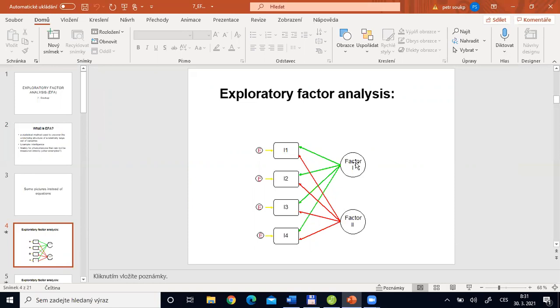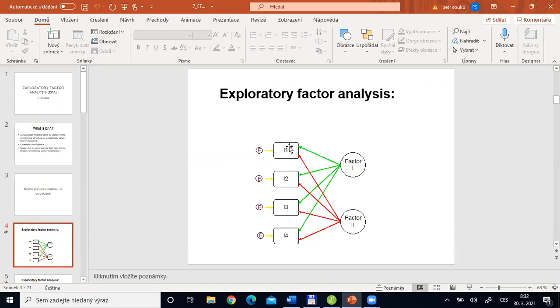Once again, this is the reason why we call this technique factor analysis. So factors are inside circles, and rectangles or squares are designed for observed variables. As you can see on this picture, there are maybe two factors, two latent variables behind my data, which consist of 4 manifest variables. So originally I have 4 columns in my data matrix.